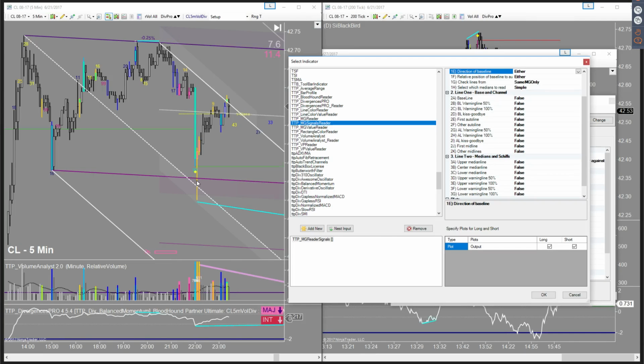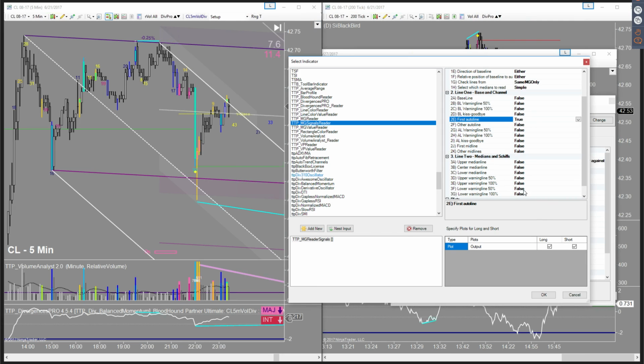This is the signal that I want. I want to know when a bar is touching the median line and its channel line. Okay, I can do it from the same set of market geometry or 2 different lines or both. All right, so pretty versatile with what you can do here.